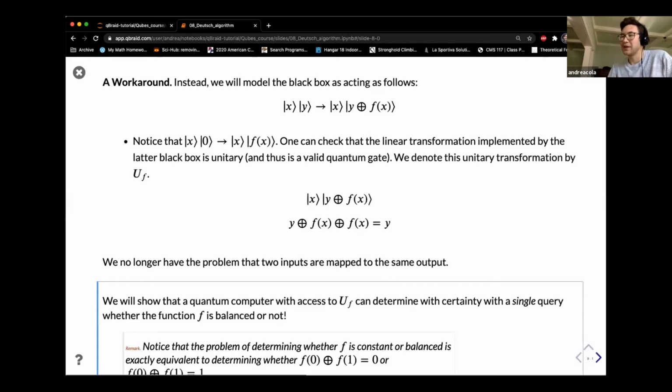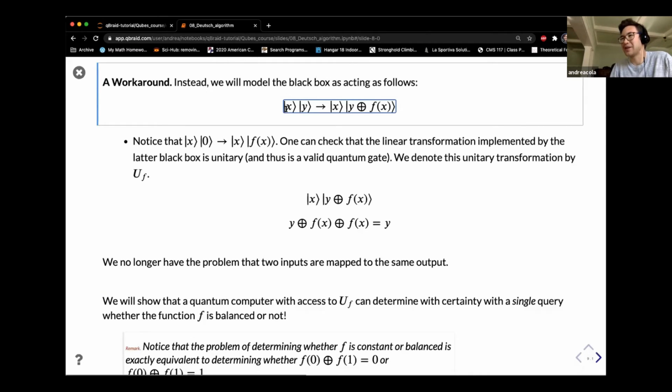Anyways, we will show that a quantum computer that has access to this unitary mapping here at the top, which we'll call U with a subscript F, a unitary implementing F in the sense of the first line above here, can determine with certainty with a single query whether F is balanced or not.